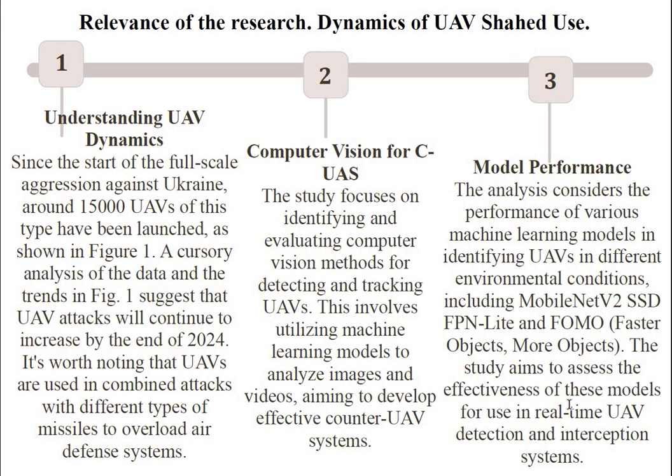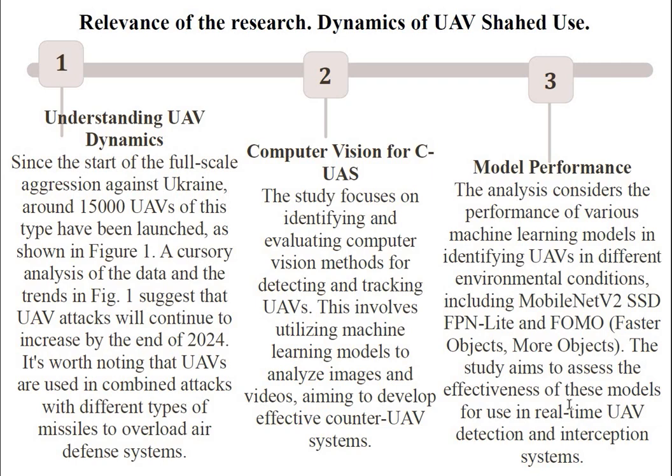Since the start of the full-scale aggression against Ukraine, around 15,000 UAVs, especially the Shahed type, have been launched, as shown in the previous figure. Even a very light analysis of the data and the trends in this figure suggests that UAV attacks will continue to increase by the end of 2025.